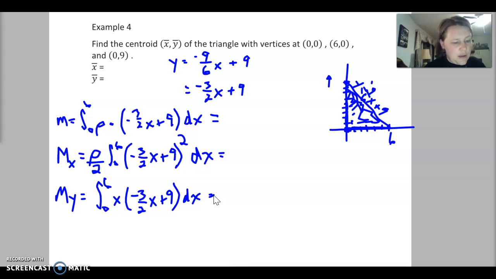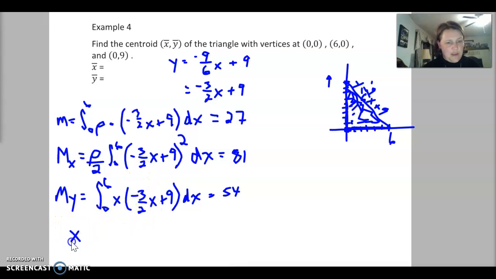And so we have 27 for the total mass. The moment with respect to x was 81, and I just used my calculator to find all of these. Just like I told you in the last one, just put this equation into the y equals part of your calculator, and then you can use that y variable to add and square and everything else that you need to do to it.